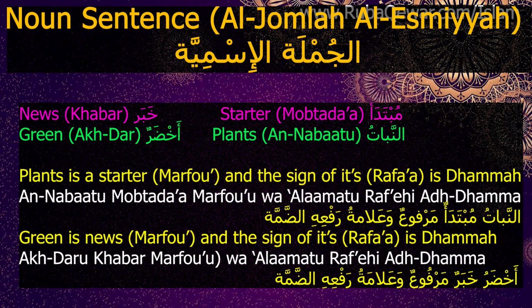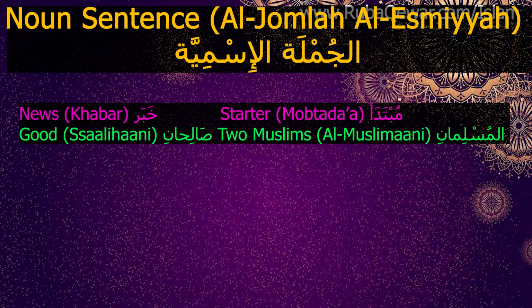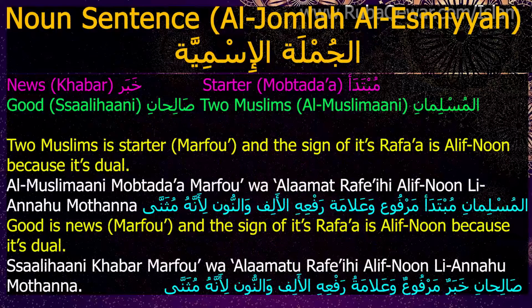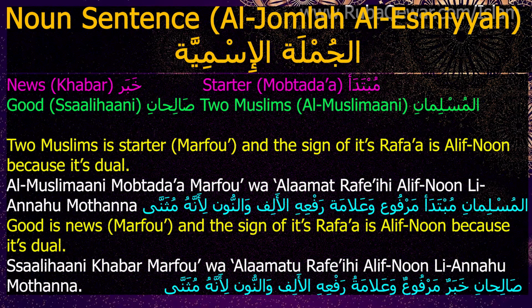Let's say المسلمان صالحان, meaning two Muslims, they're good. المسلمان is مبتدأ مرفوع وعلامة رفعه ألف نون، لأنه مثنى. And that's how I studied it in school.